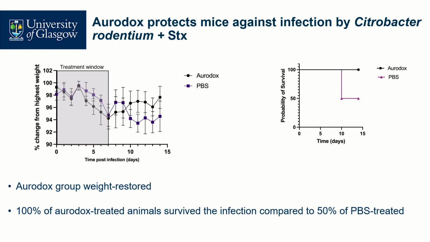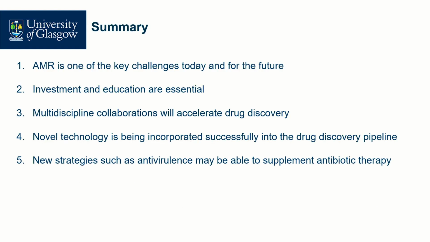But our Orodox animals regained the weight by the end of the experiment, whereas our PBS animals gained a little bit of weight back, and then continued to lose the weight. And actually, our survival in our Orodox treated animals was 100% compared to 50% in our PBS treated animals. So this was a really positive result for us after working on the compound for such a long time.